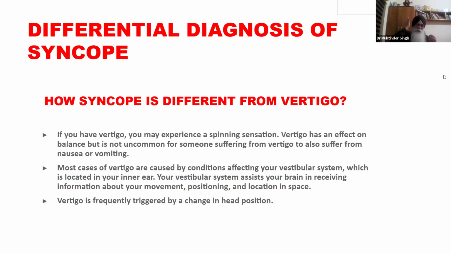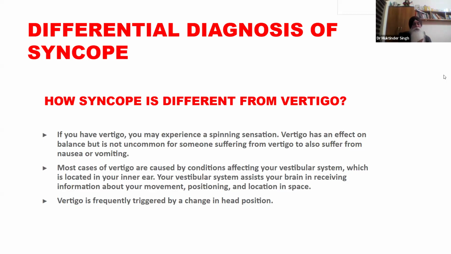Suddenly you get that kind of imbalance of your vestibular system. Some people get severe imbalance. They cannot stand and sometimes they faint. So that is vestibular system affection. It is located in our inner ear.